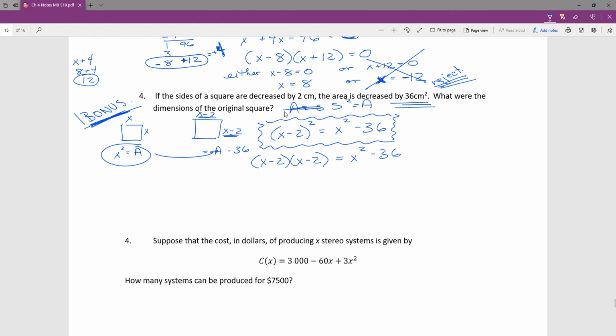And remember, this is a bonus. Don't freak out. And so I'd have x squared for first, outside, inside, and last. Man, it's huge. Still trying to put it into standard form, set it equal to 0. I'm going to gather up my like terms.